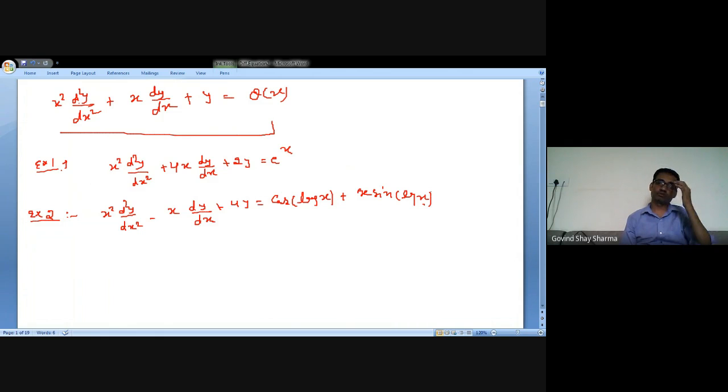The second question looks very crucial to solve, but it is very easy.